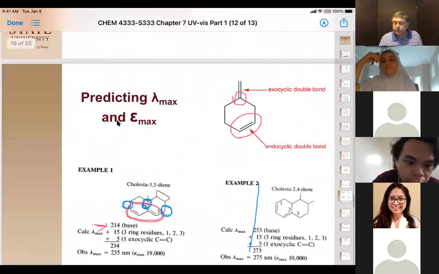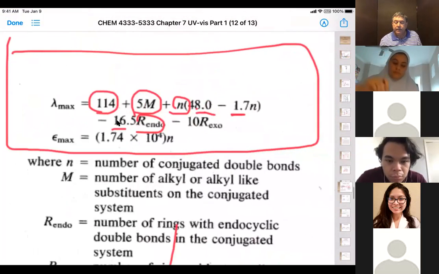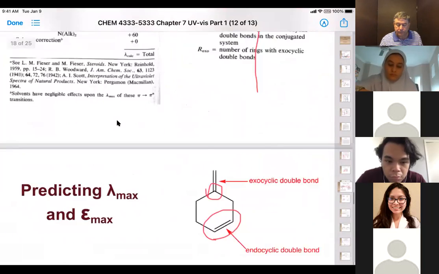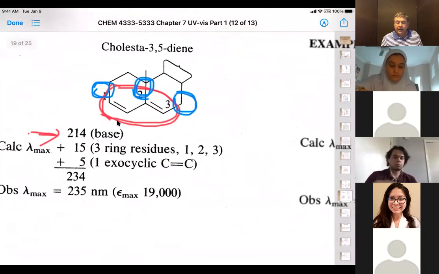So our equation says 5 times the number of substituents plus n times this number minus 1 over 1.7 times n, where n is the number of bonds in conjugation. For this particular example, we have that number as 2 right here. And then we have 1 exocyclic double bond.